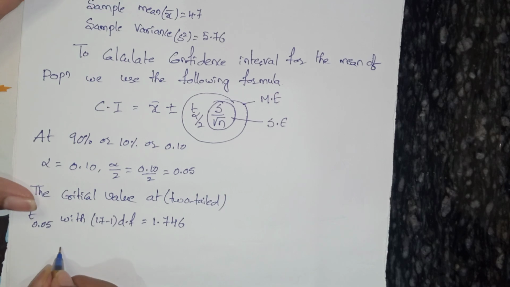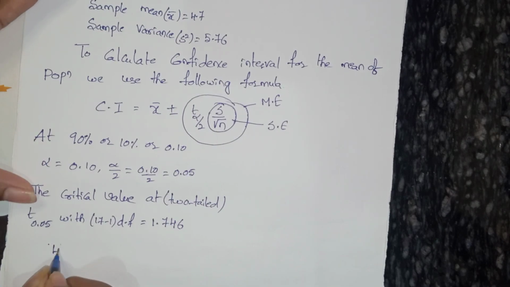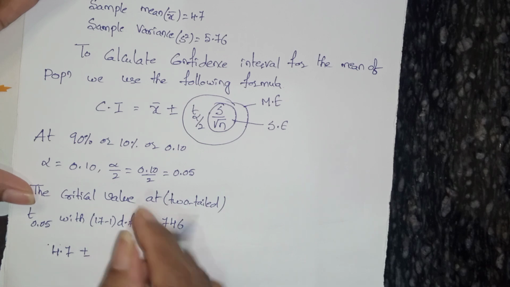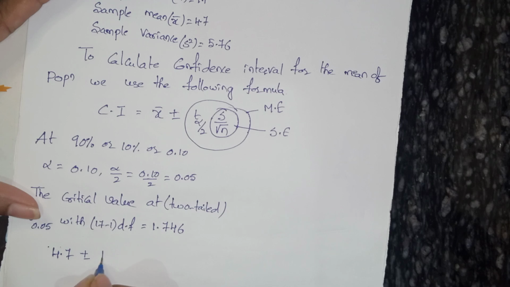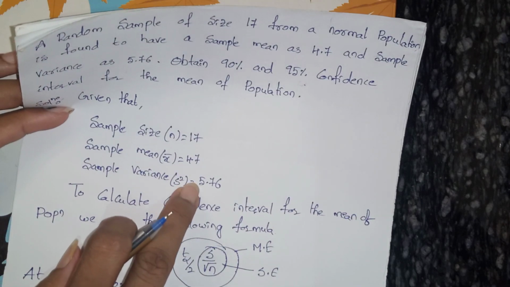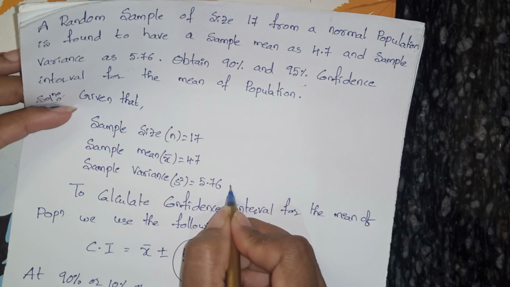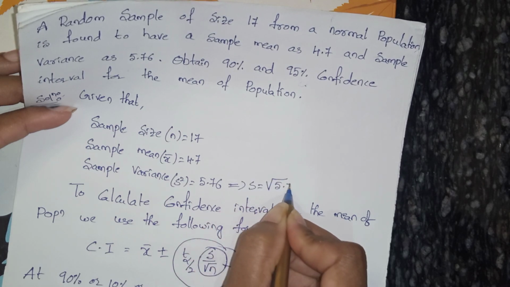So x bar in the sense what? 4.7 plus or minus t alpha by 2. T alpha by 2 in the sense what? 1.746 into s by root n. Here s in the sense what? Here we have s square, no? So we want s, that is the square root of 5.76.